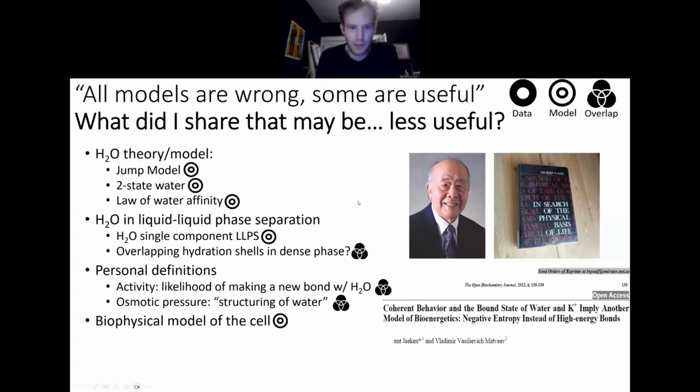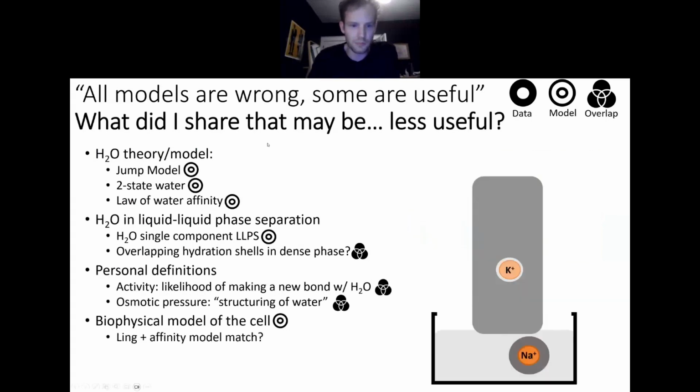So some issues that are explicit: I think the biophysical model of the cell, Ling's work, and the law of water affinity don't really match. If we think that sodium has this structured water around it, and the water in cells is kind of structured or at high osmotic pressure, you expect similar affinities, so you kind of expect sodium to actually diffuse into the cell, but it seems like that doesn't add up.